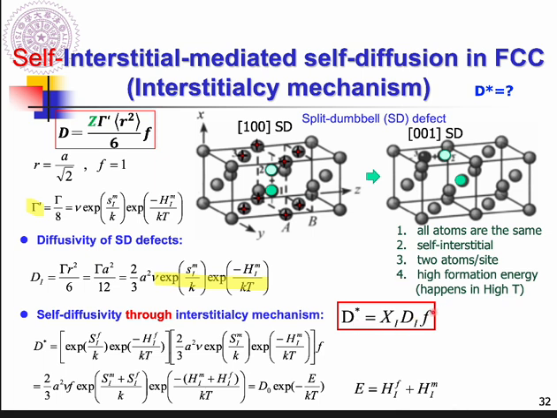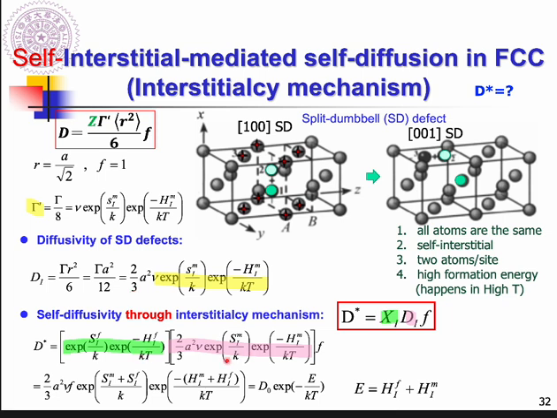So X_I, under thermodynamic equilibrium conditions, the fraction of split dumbbell will be exponential of minus split dumbbell formation energy divided by kT. Then I just separate them into enthalpy and entropy terms. And for D_I, I just copy this term here. So D_I is here times f.